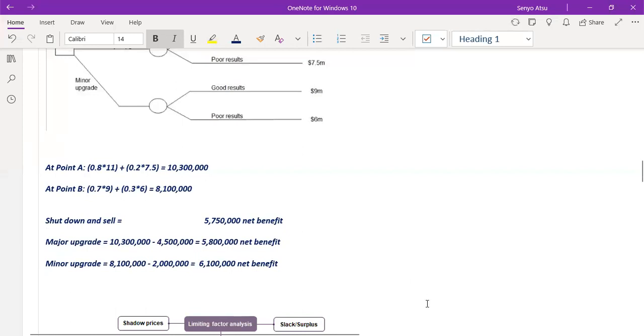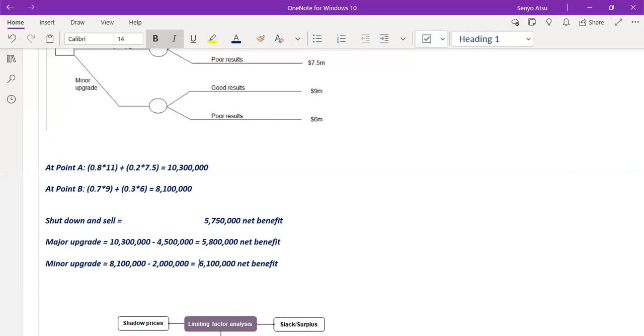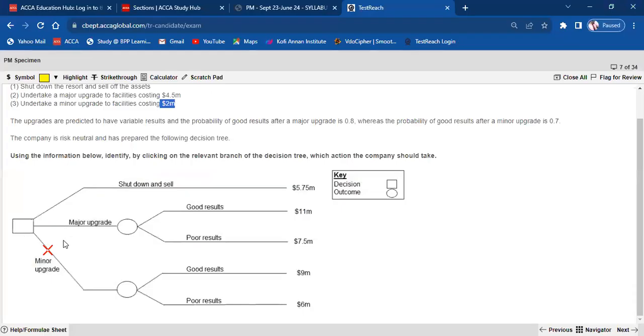Of a benefit of 5,750, 5,800, 6,100, obviously a minor upgrade produces the best net benefit. So in the computer-based exams, candidate is supposed to move the cursor to the minor upgrade and click anywhere on that branch. If you click on the outcomes, you've not answered it.